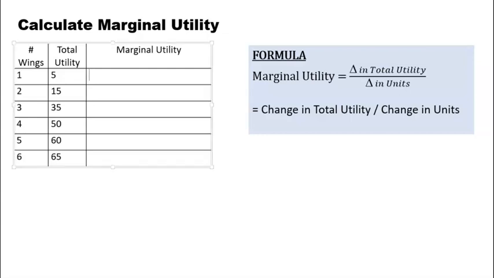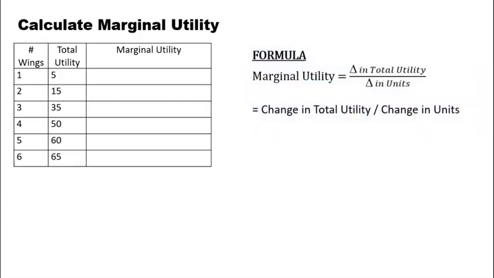Next, let's take a look at how to actually figure these out. So let's just do the first two together. On the top of our division, we want to figure out our change in total utility. In the first one, this is going to be easy. We have nothing to compare it to because we didn't consume 0 wings, because utility then would be 0.